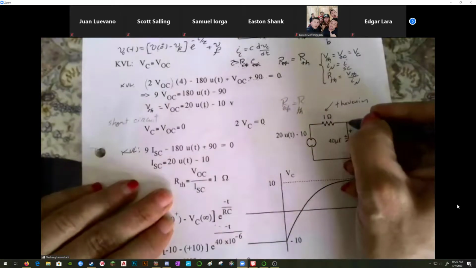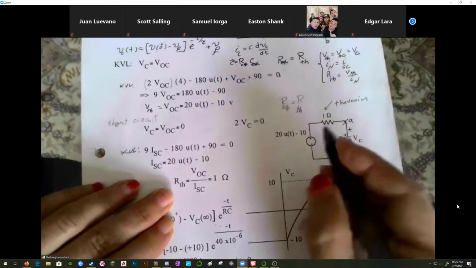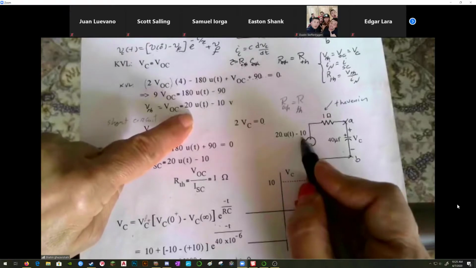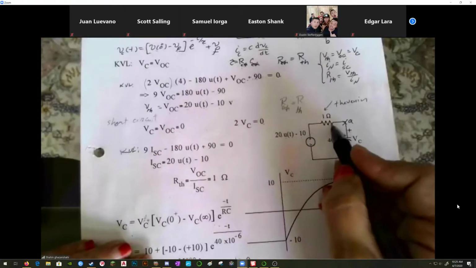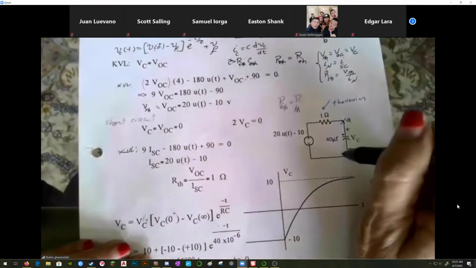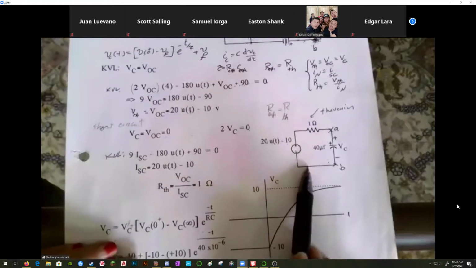So we got the Thevenin equivalent between A and B, which is this circuit. The V Thevenin or V open circuit is 20 u(t) minus 10. R Thevenin is 1 ohm. So this circuit is changed to this. Instead of analyzing this one now, we analyze this. You see how simple it is now.